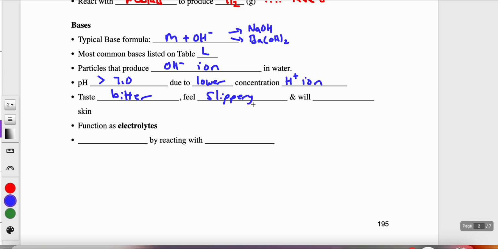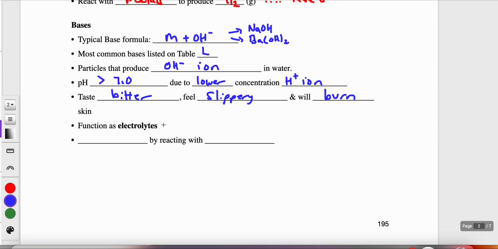An acid, if you get some on your skin, initially just feels like water, right? But a base, if you get it on your skin, feels slippery. It feels like that soap that you can never wash off. And if the base is strong enough, where the pH value is high enough, and you get some on your skin, it will burn your skin.